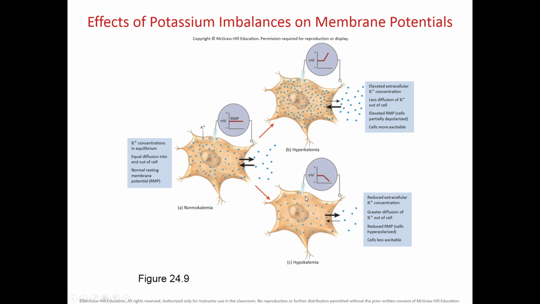The opposite happens when you have hypokalemia. You have a drop in the millivolts below the resting membrane potential, so your cells become hyperpolarized, and they become less excitable.